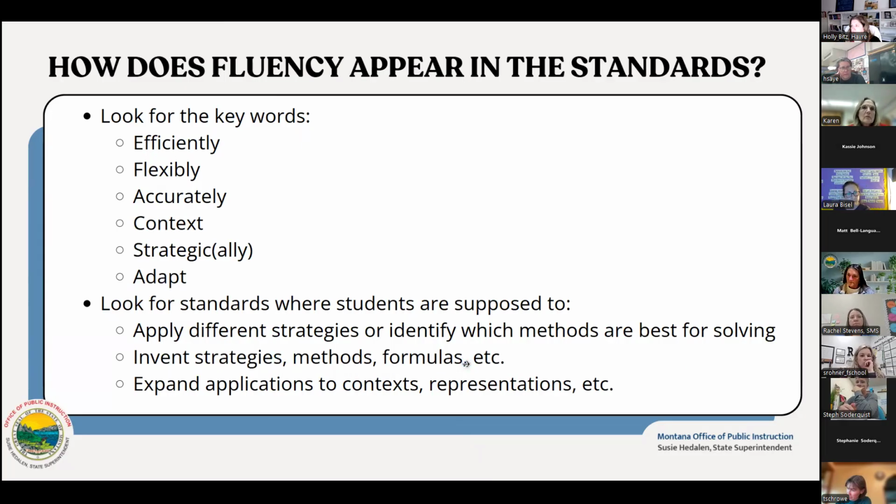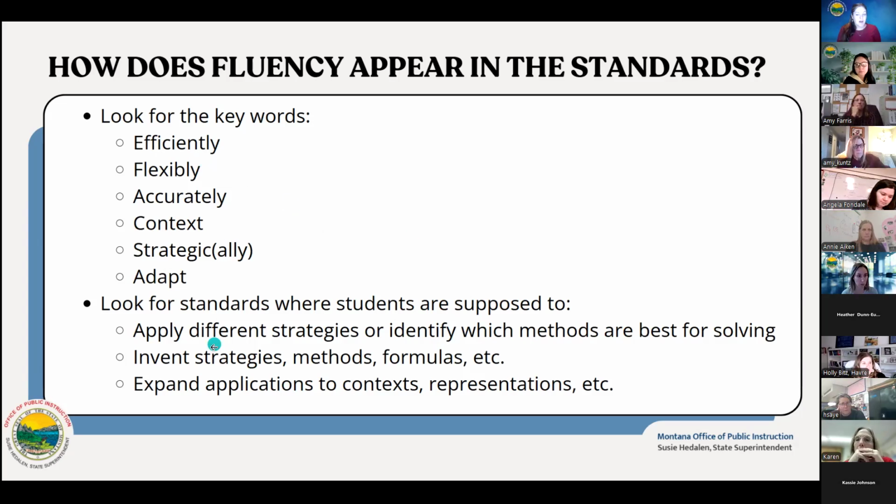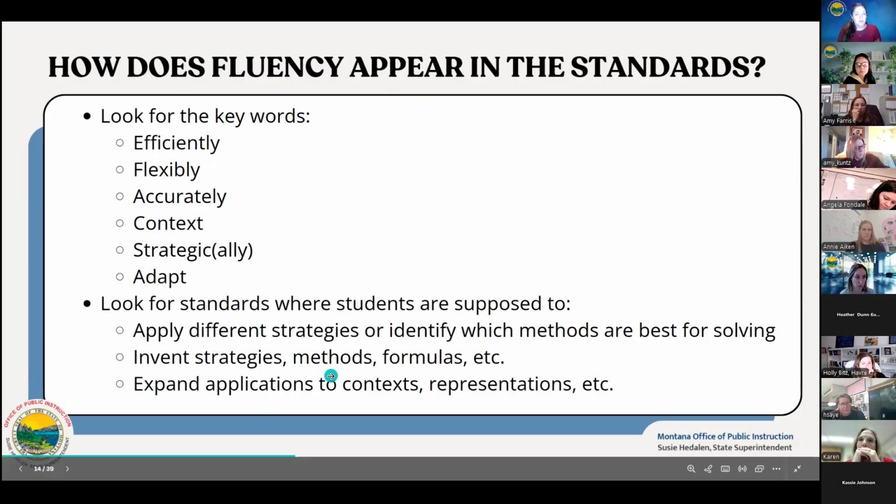So there is a little bit of variance. I would say in K-8, it's a little easier to find those standards. When you get into high school, it can be a little bit more nuanced. But if you're seeing any of these explicit words or any of these skills, then you know it's a fluency standard.